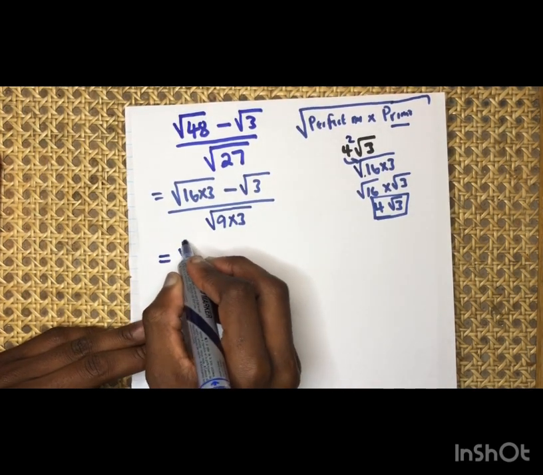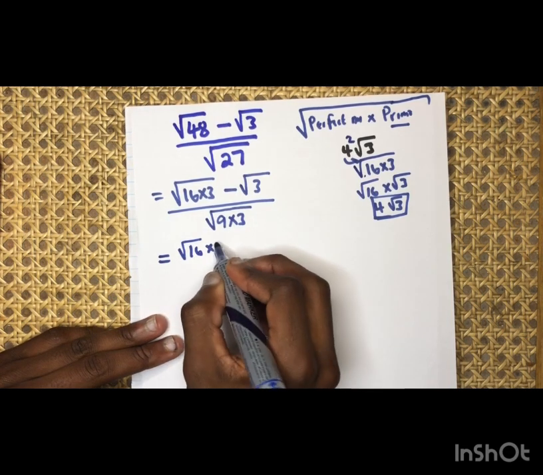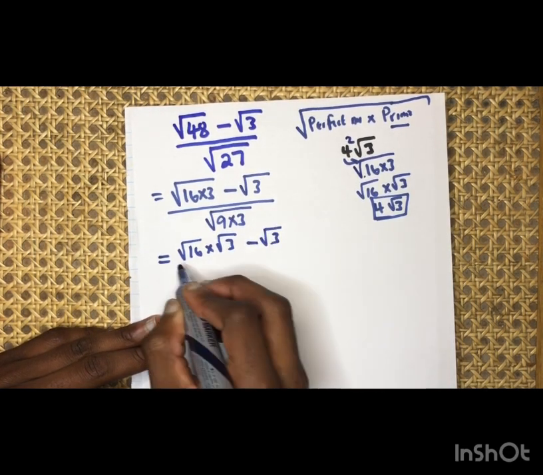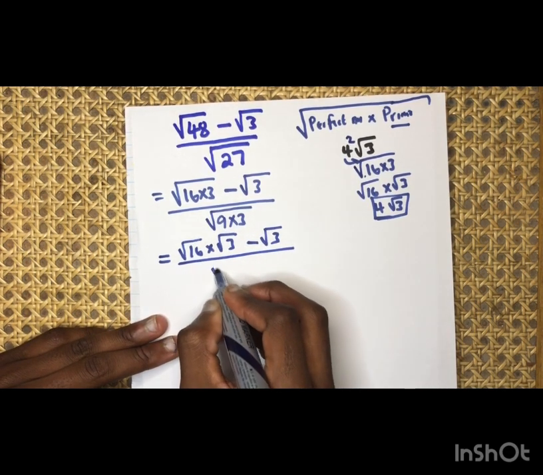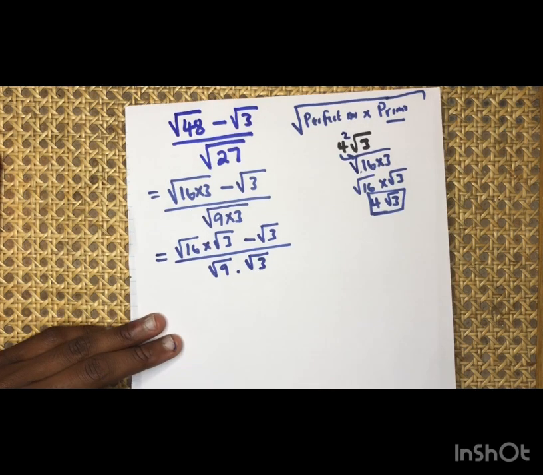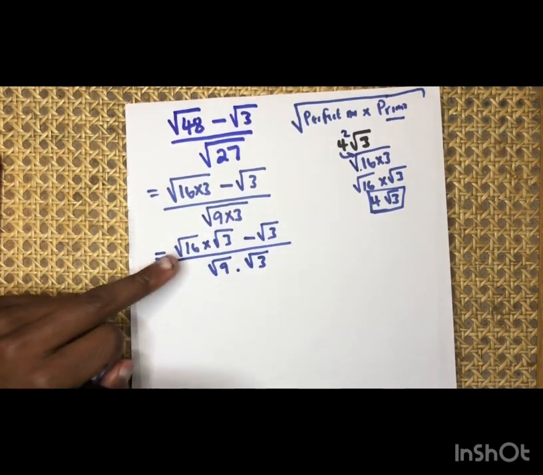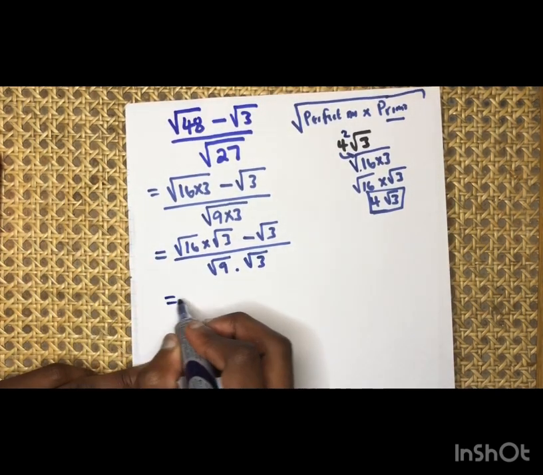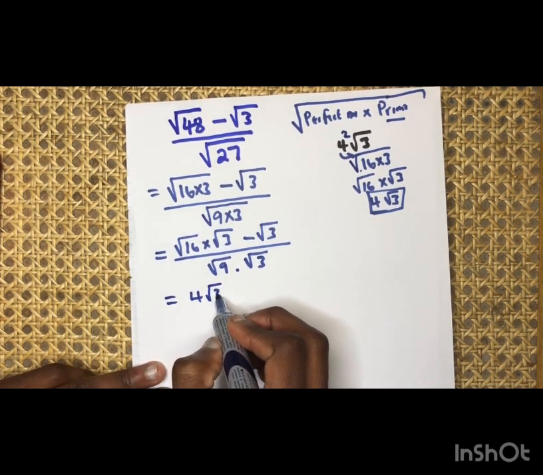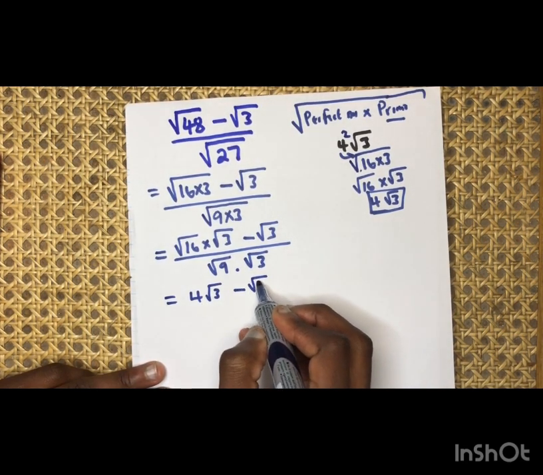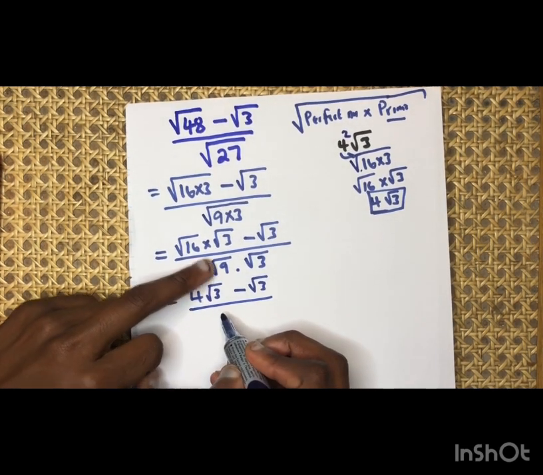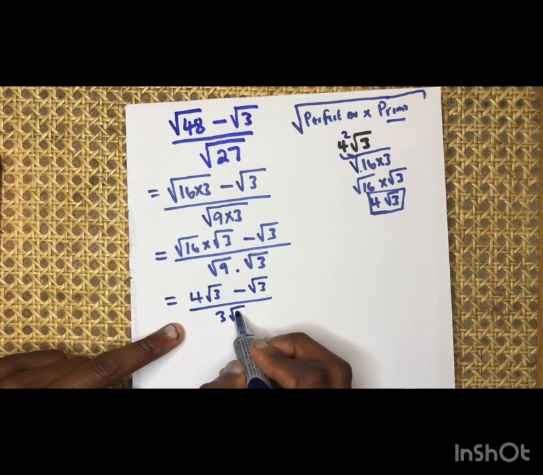So I'm going to have root 16 times root 3 minus root 3 again over here, root 9 times root 3. Okay, so guys, what does root 16 give us? It gives us 4 times root 3 minus root 3 over, the root 9 becomes 3 root 3.